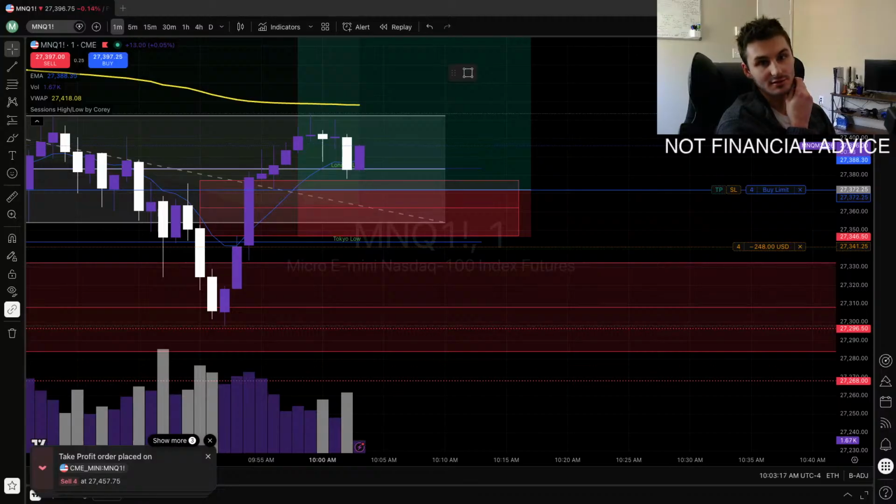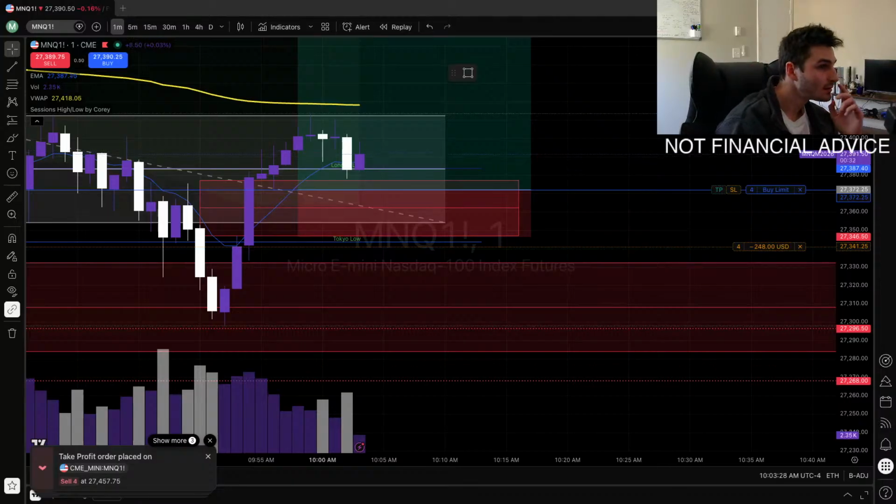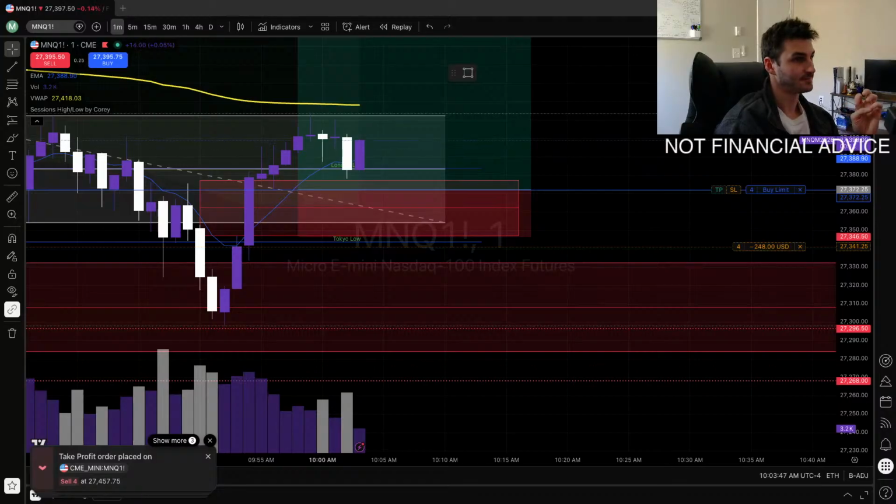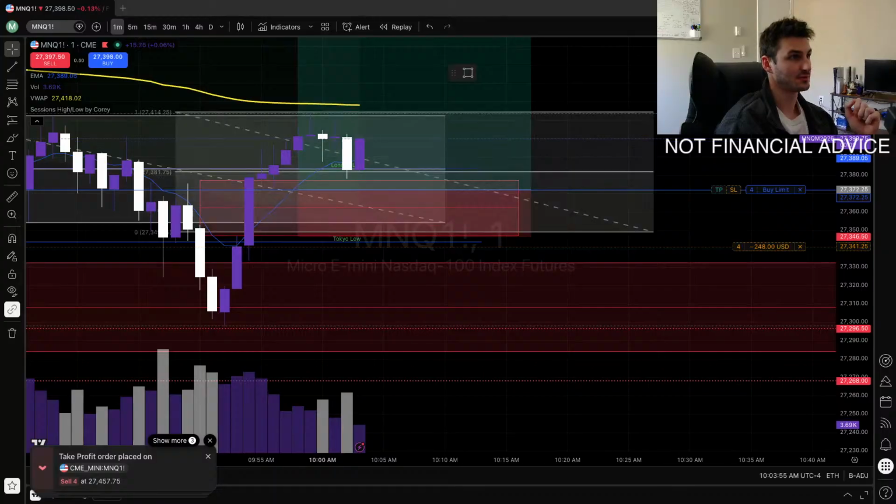Nah, that's devious. It came down to like 27,378. Yeah, we might just push higher on that 1 minute 50% retracement, but I don't think we're gonna get it.